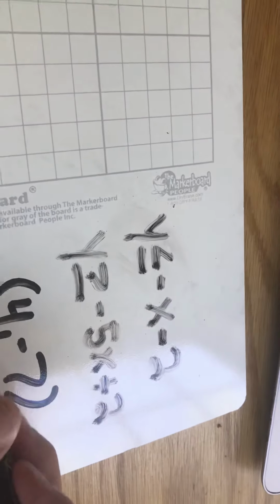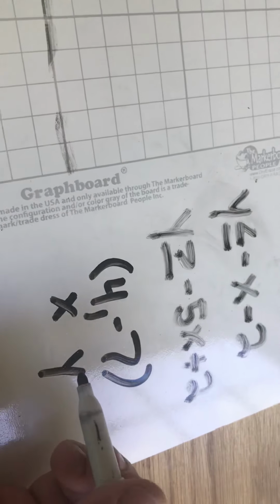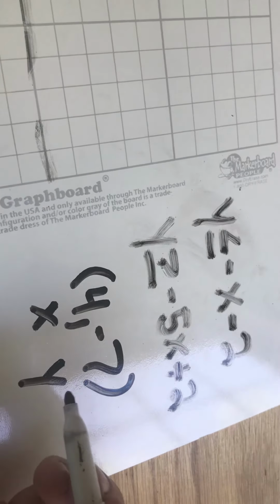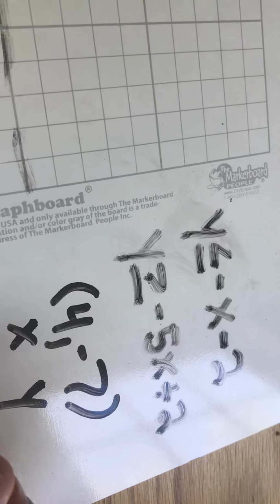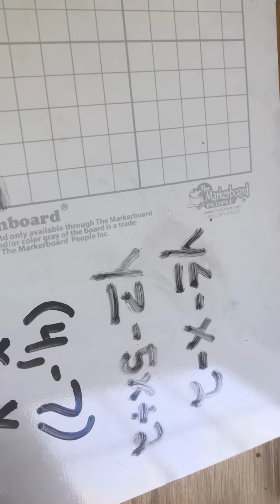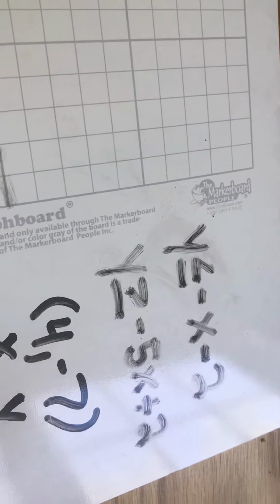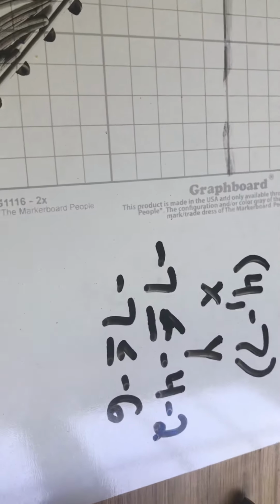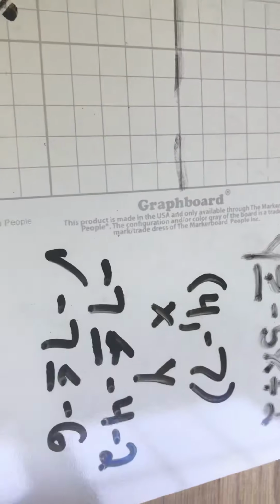So remember, our x is 4 and our y is negative 7. I'm just going to replace where I see y with negative 7, and where I see the x, I'm going to put a 4. Does that make the first one true? Yes, it does. Negative 7 is less than or equal to negative 6.